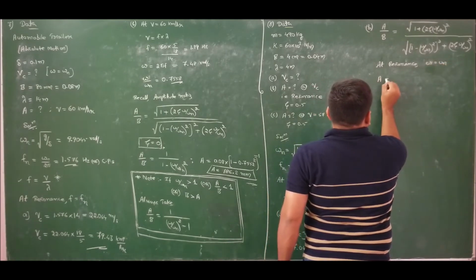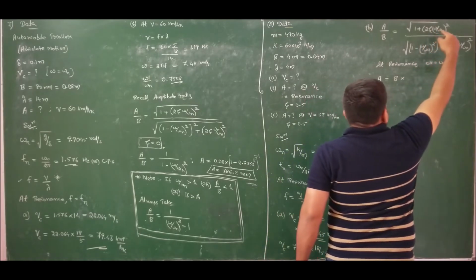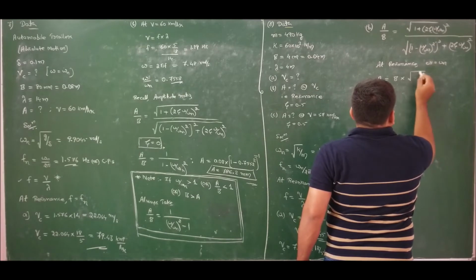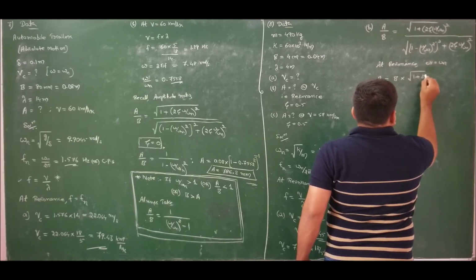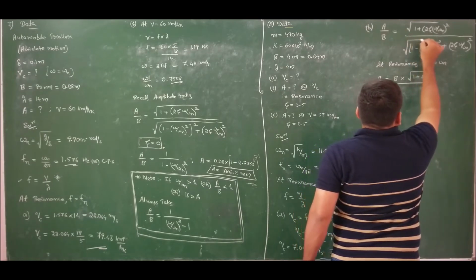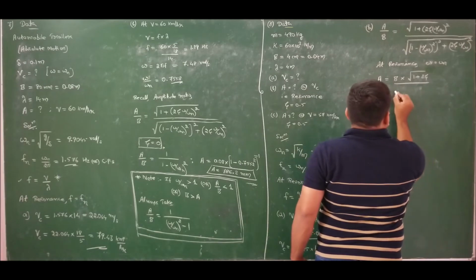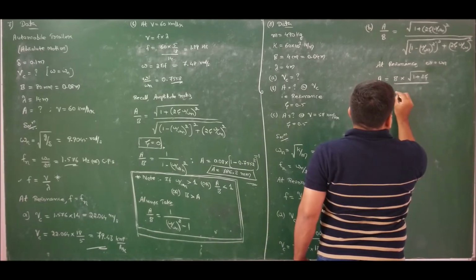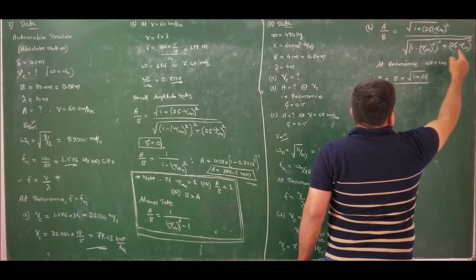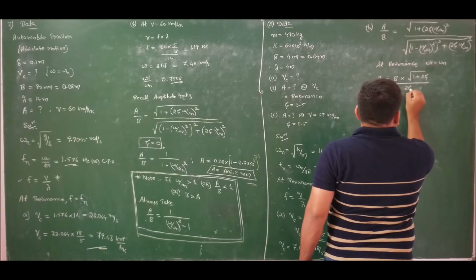Hence A will become B into, this is 1, so therefore I am left with root of 1 plus 2 zeta divided by square root of, this will be vanished, right? 1 minus 1 is 0. This will be 1. Root and square root get cancelled. It is 2 zeta.